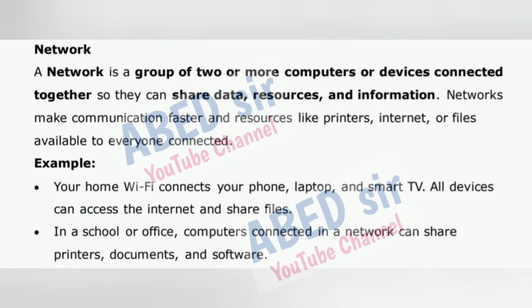Example: your home Wi-Fi connects your phone, laptop, and smart TV. All devices can access the internet and share files. In a school or office, computers connected in a network can share printers, documents, and software.